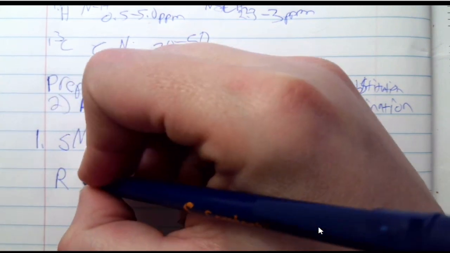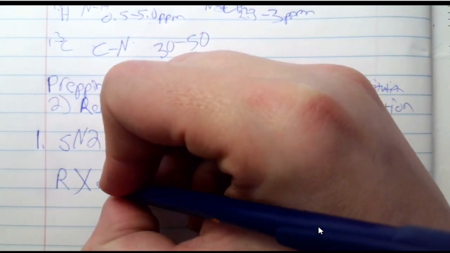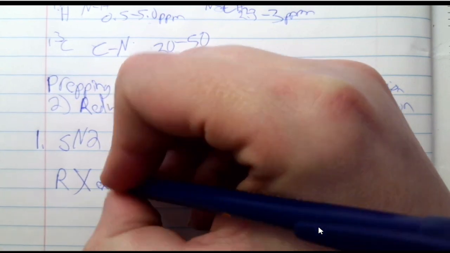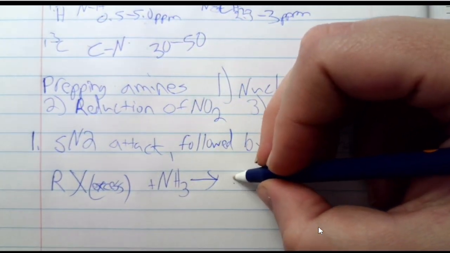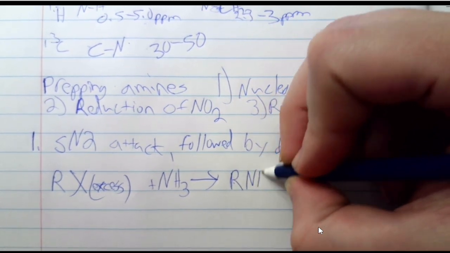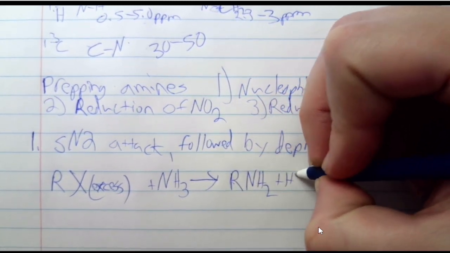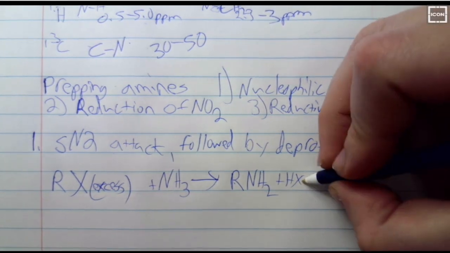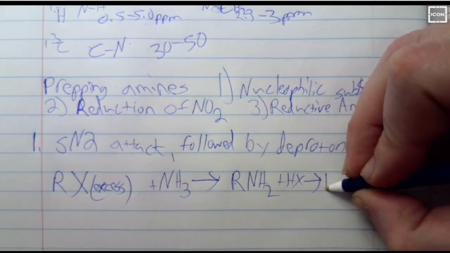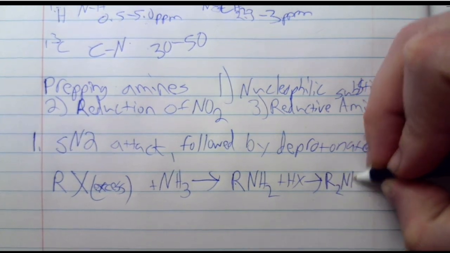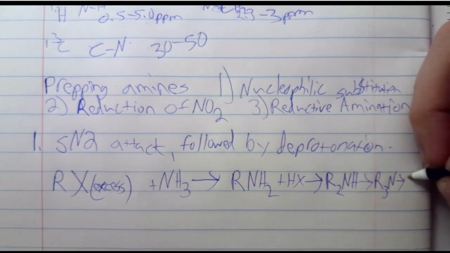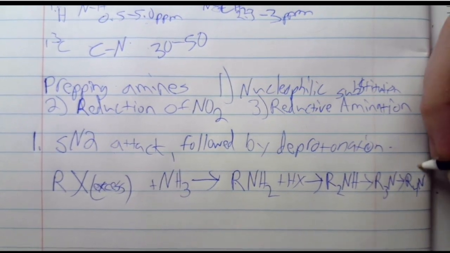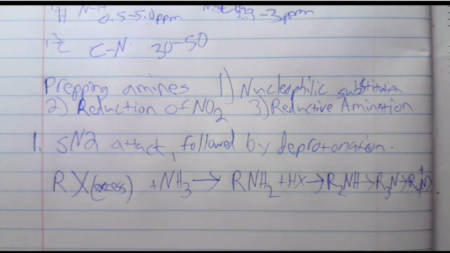So like if I have RX in excess and I throw in ammonia, first it's going to form RNH2 and HX. But then it's going to keep going and go to R2NH and R3N, and maybe even R4N+ X-.